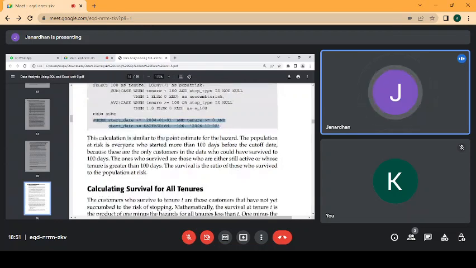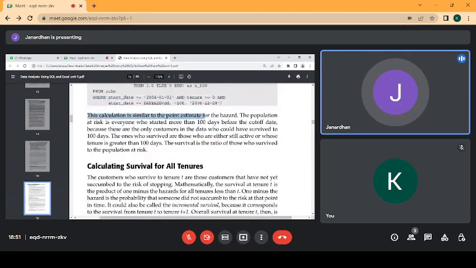Okay, right. This calculation is similar to the point estimate for the hazard only.